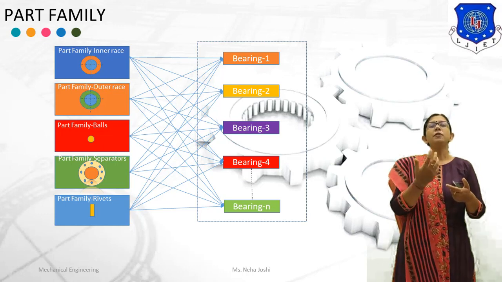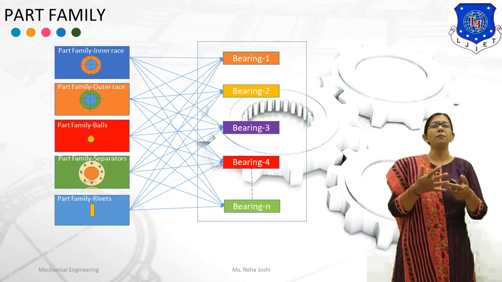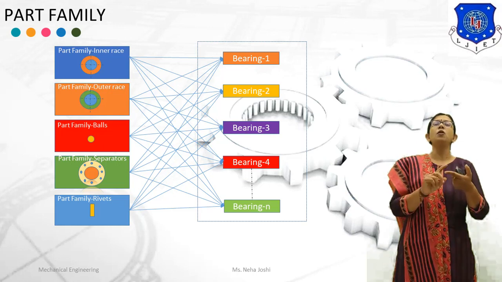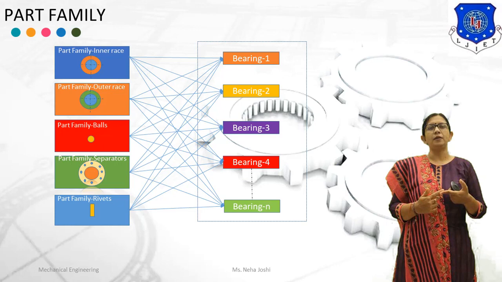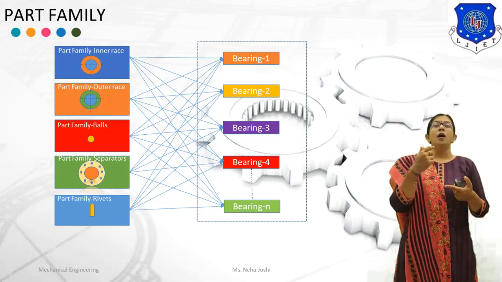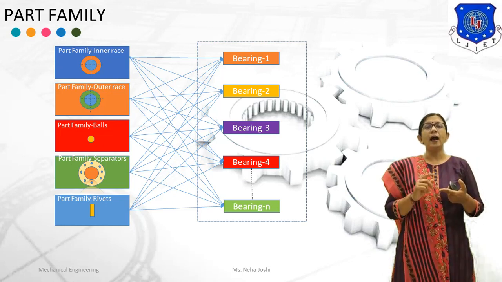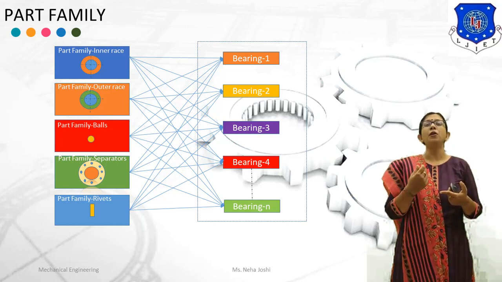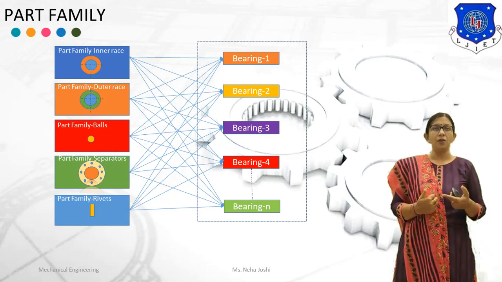By using the philosophy of group technology, these parts are grouped into the following part families: part family of inner race, outer race, balls, separators, and rivets, as you can see in the diagram. Bearing 1, bearing 2, bearing 3 up to bearing n are the n products manufactured from the 5 part families.